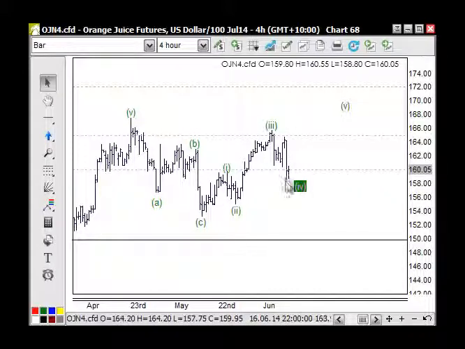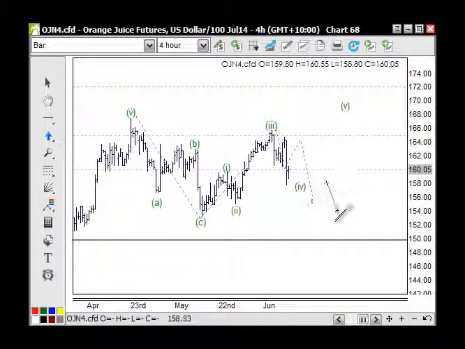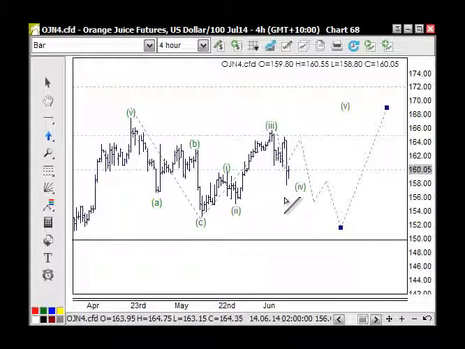So we can either have an overlapping wave structure here on wave 1, and this market will push up here into wave 5. The other count, now that it's got overlapping wave structures, is that we may need to look at this as an A wave, a B wave, and then a C wave in 5 waves here, and then a move up. So they're the 2 options that we've got now that we've got this spike here. We just need more price pattern action to confirm what's going to occur. So that's where that is.